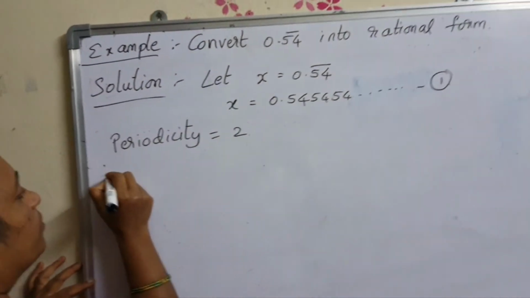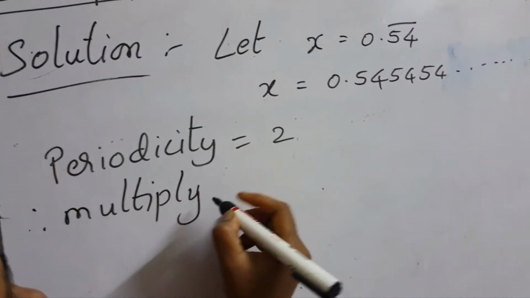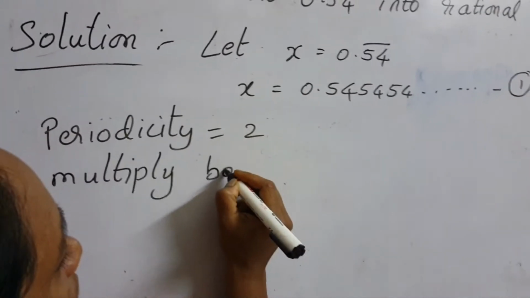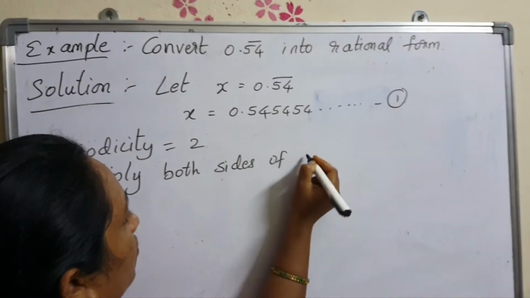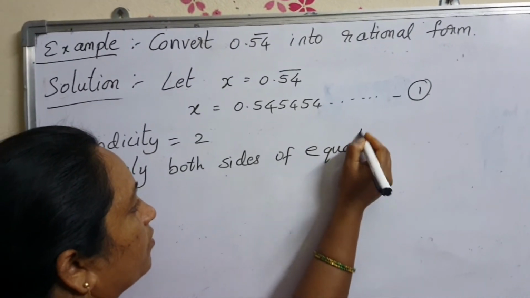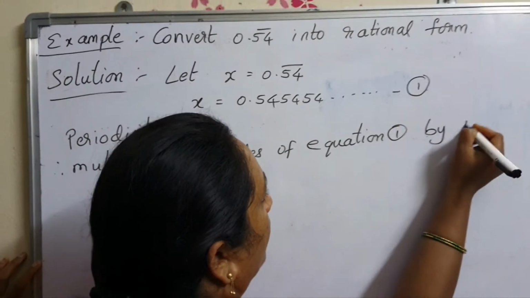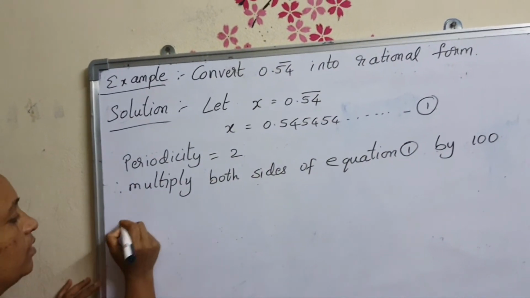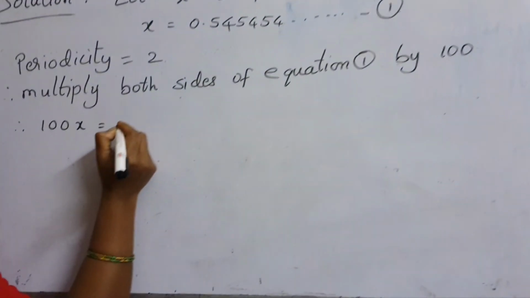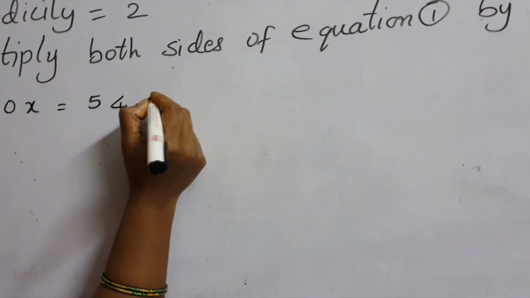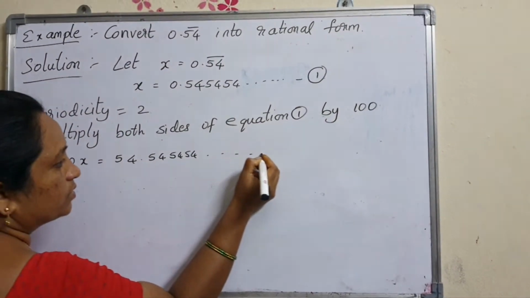Therefore, multiply both sides of equation 1 by 100. Therefore, 100 into x is equal to 54.54, and so on.